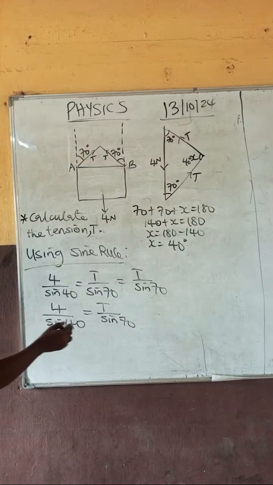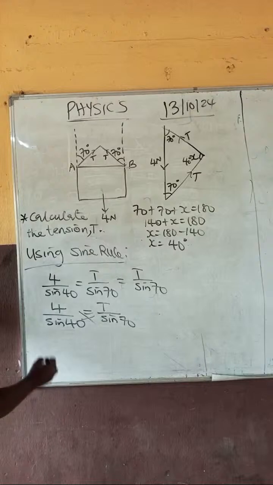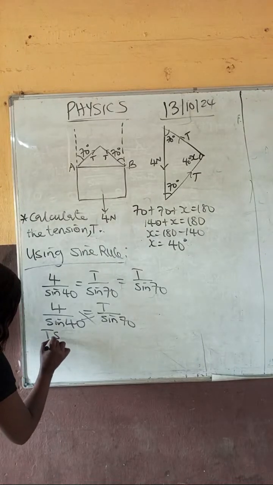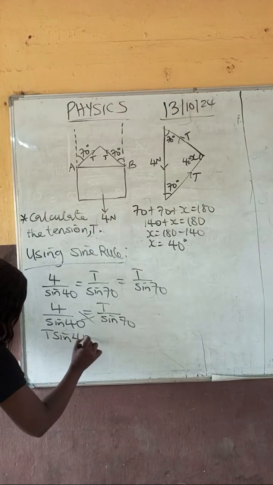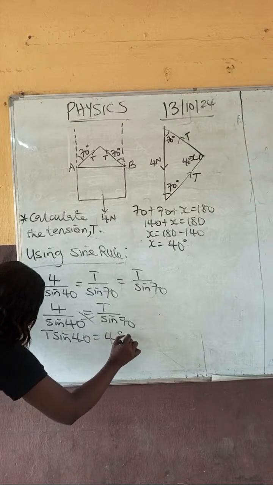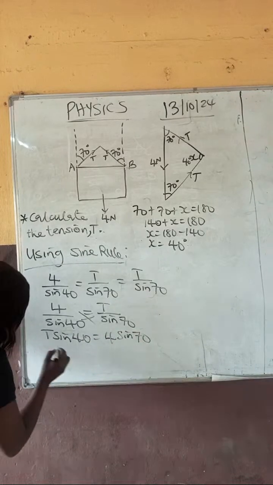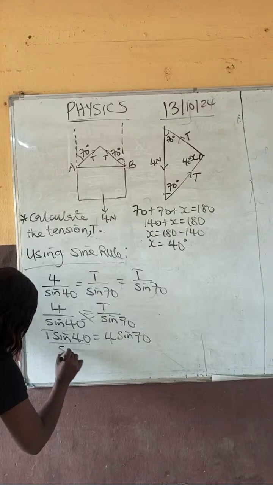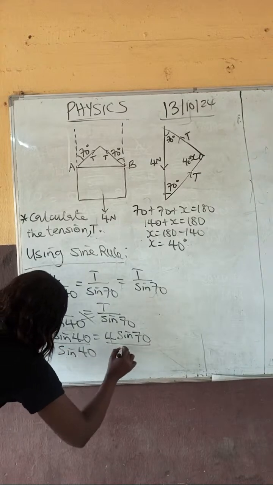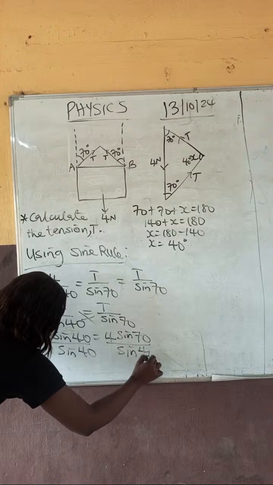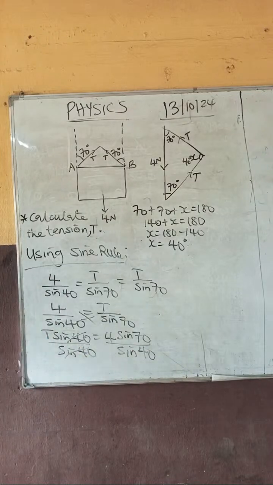Now, because I'm looking for T, I will cross multiply. T sine 40 is equal to 4 sine 70. I divide both sides by sine 40. This cancels this, and you'll be left with T.